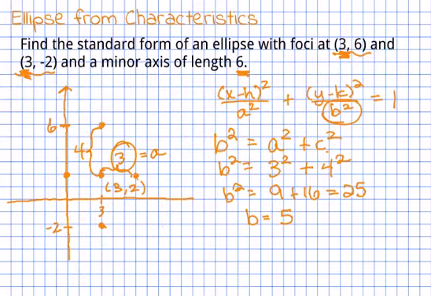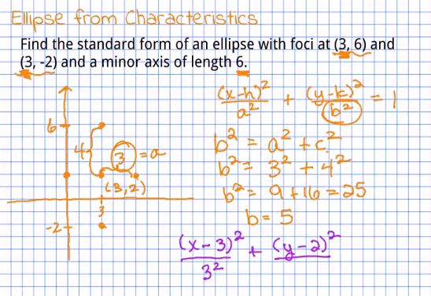And so now I believe we have all the information that we need to write our equation. We have our center is at (3, 2). So I'm going to have (x minus 3) squared plus (y minus 2) squared over, in the x direction from the center, we're moving out 3. 3 squared.